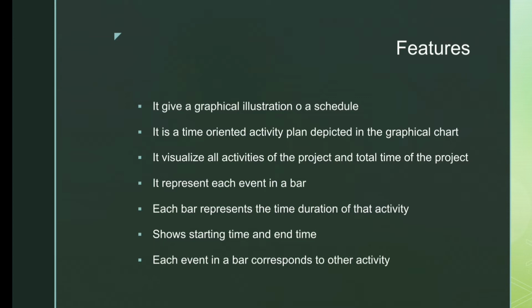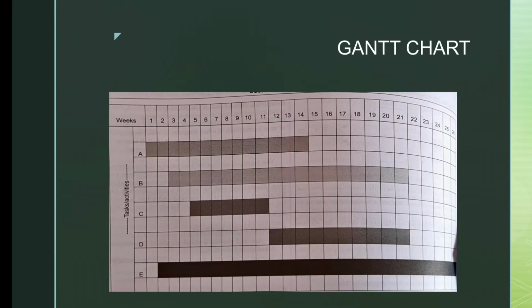The length of the bar also depicts its starting time and ending time. Each event in a bar corresponds to an activity, and each activity is represented there. These are all the features of the Gantt chart. I think it's clear, so we can move on to the next slide.